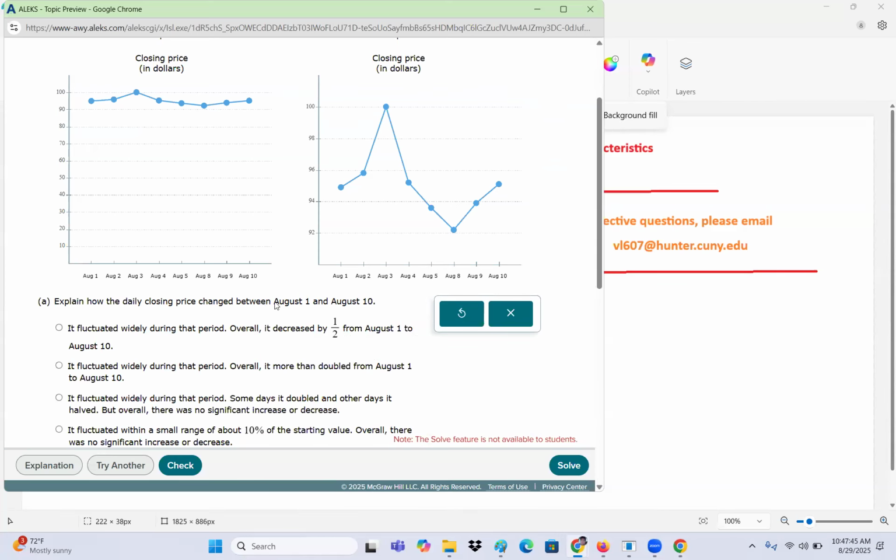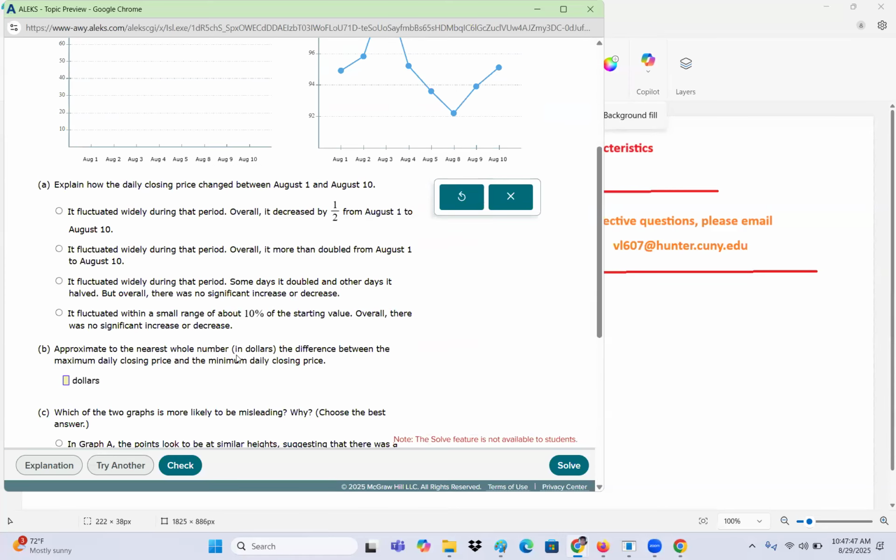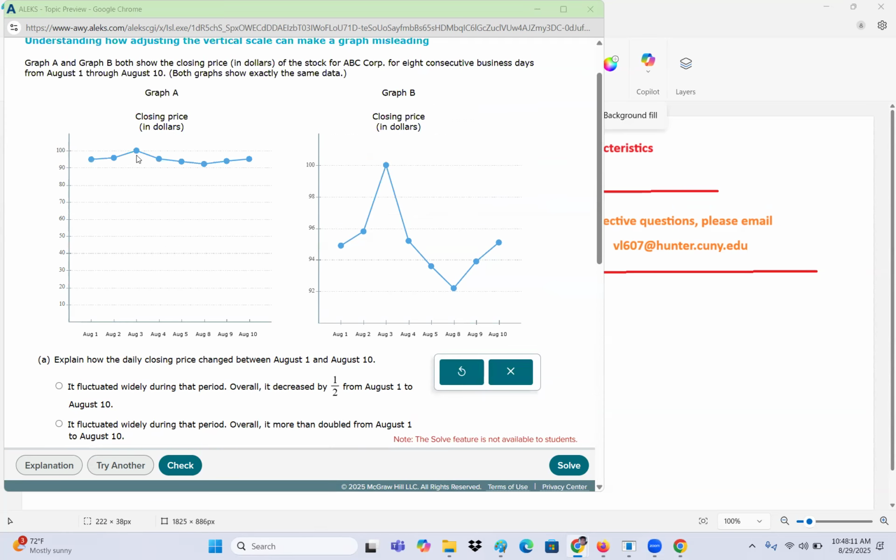How the daily closing price changes between, you can read that, right? Approximately, to the nearest whole number, the difference between the maximum daily closing price and the minimum daily closing price.